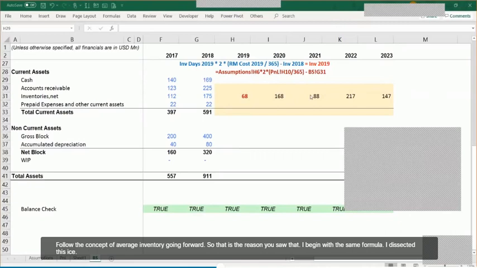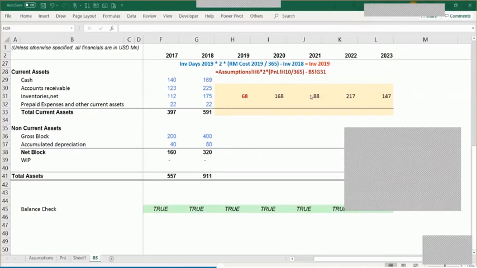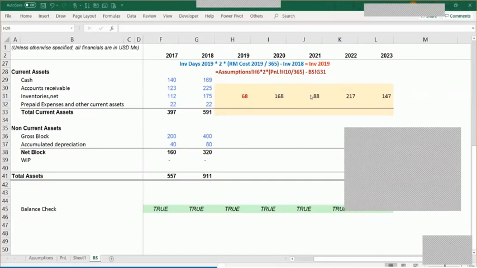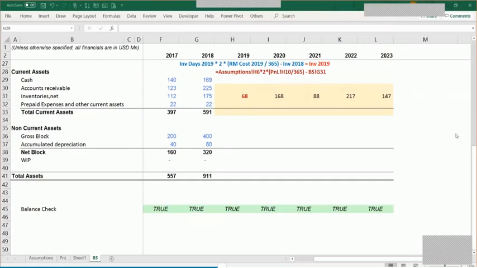I dissected this, expanded it, and then figured out the missing figure by using the mathematical concept of cross multiplication. That gives us this formula, wherein we are relying not only on the current year raw material cost and the current year expected inventory, but also on the opening inventory balance for the current year. That's how it is being worked out. Logic is you take days into 2 into per day raw material cost minus the last one.